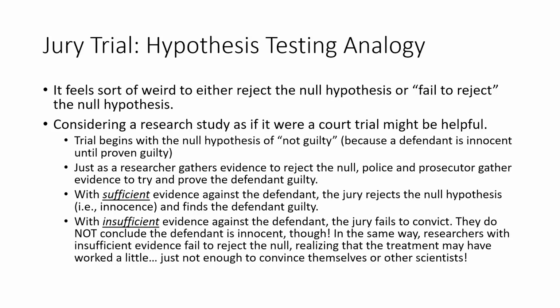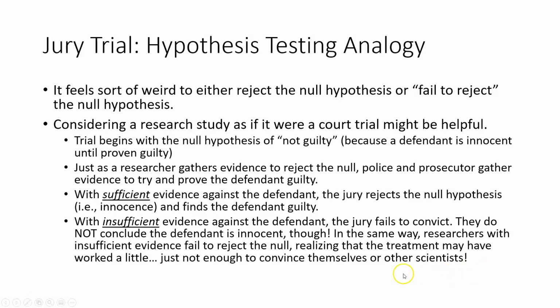Practically speaking, the person is considered not to be guilty, or, in other words, innocent, but we don't know that for sure. So that's the reason why we can't accept the alternative hypothesis necessarily without rejecting the null.